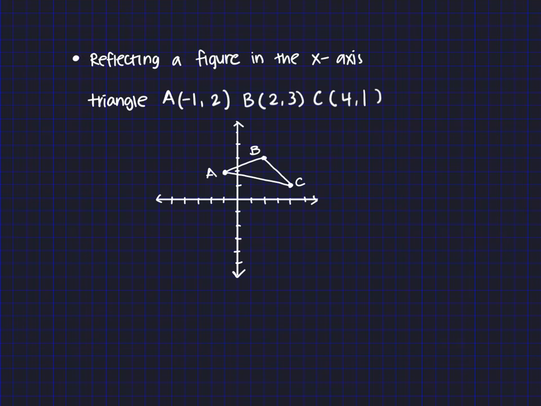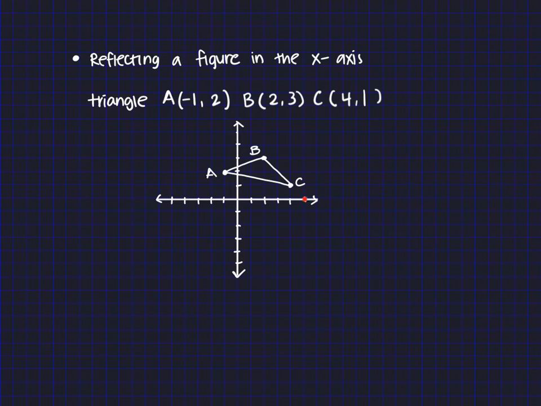Now, once I have my original figure, triangle ABC, I'm going to try to find A prime, B prime, C prime. From the lesson yesterday, we know that when you have the prime, it's going to be the image of the original figure. So for A, I'm going to see how far away A is from the x-axis.